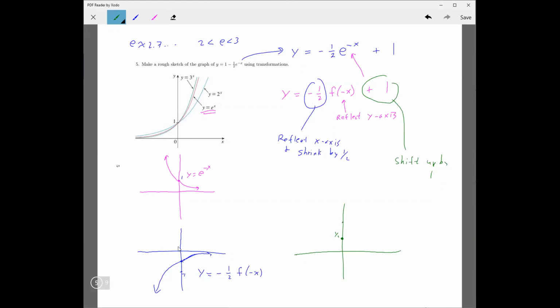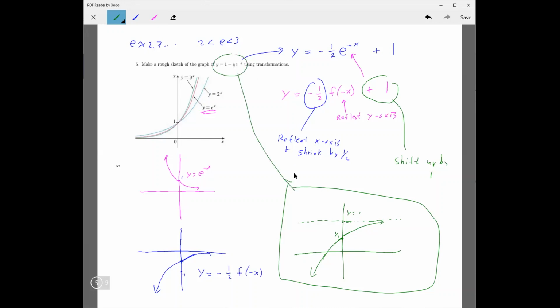So that horizontal asymptote here is going to be shifted up to 1. So y equals 1. So that's just going to go like that. That's what the final answer should look like.